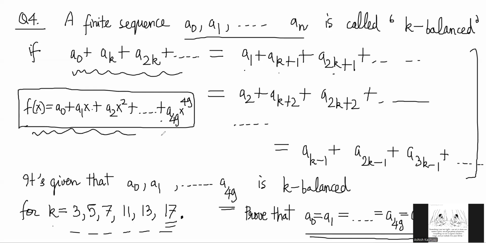This is our polynomial here. And why do you think I'm trying to tell you about polynomials right now, even though it looks like a sequence problem? Because we know some theory of polynomials, right? You know some things about roots of polynomials and stuff, right?